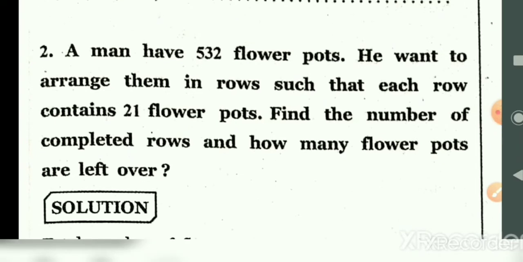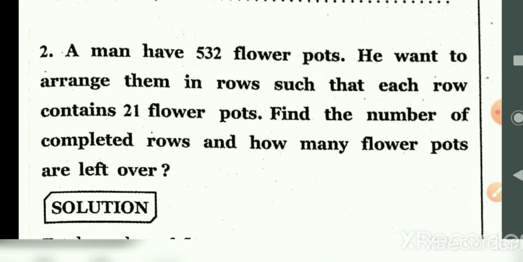So question number 2. A man has 532 flower pots. He wants to arrange them in rows, where a row means horizontally.